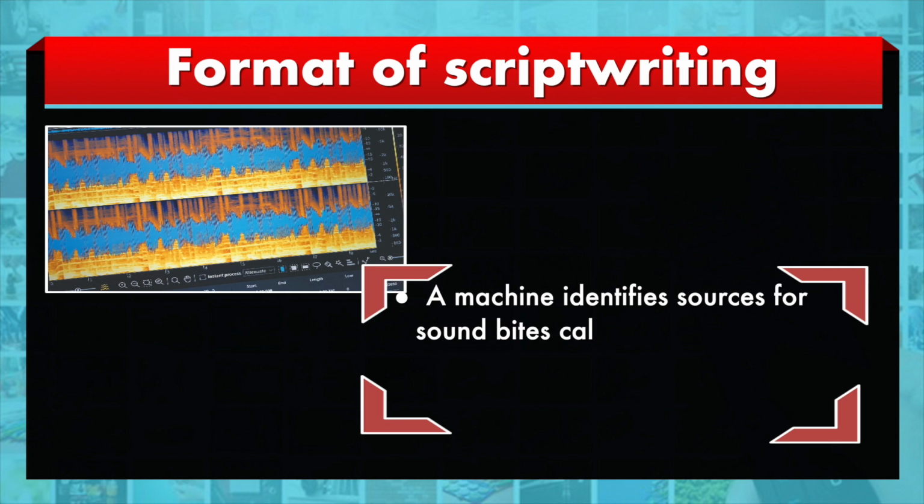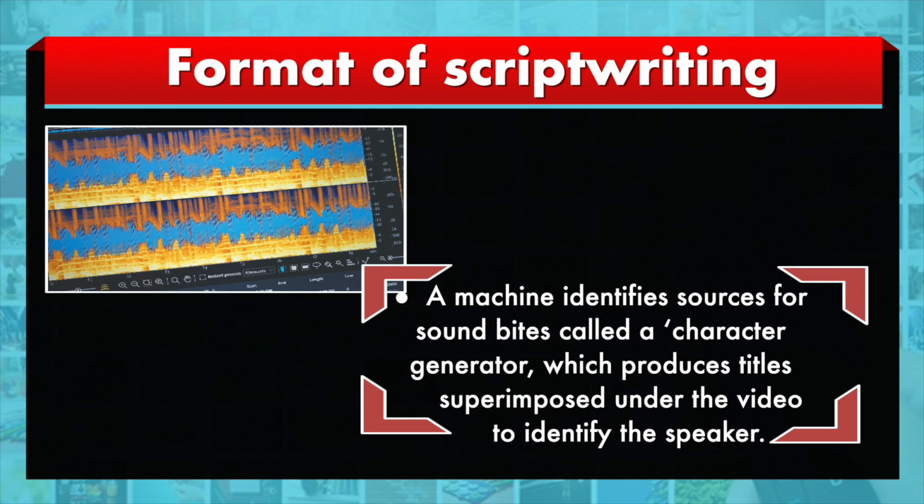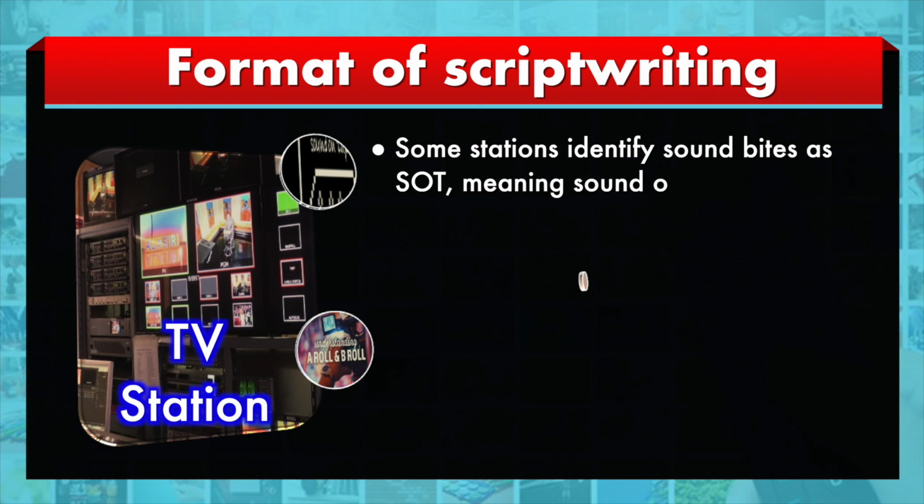A machine called a character generator produces titles superimposed under the video to identify the speaker.